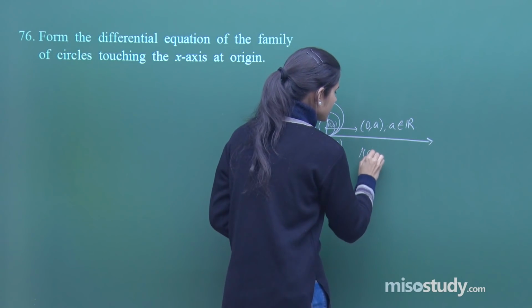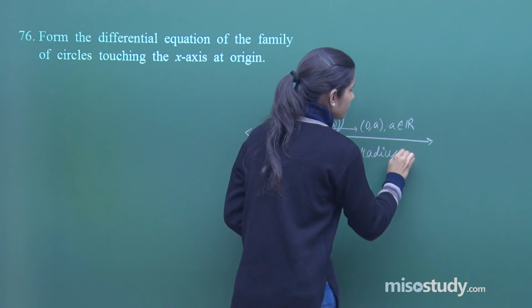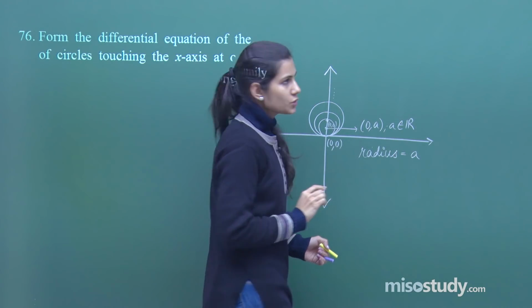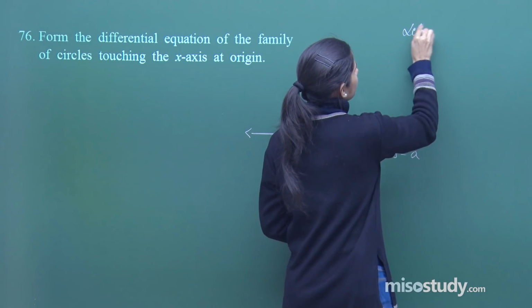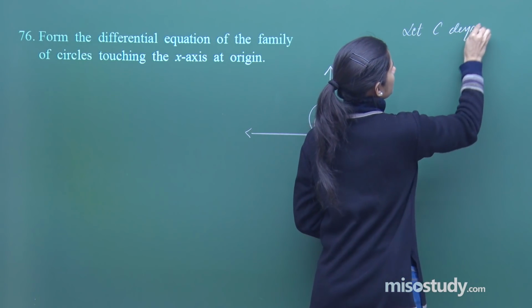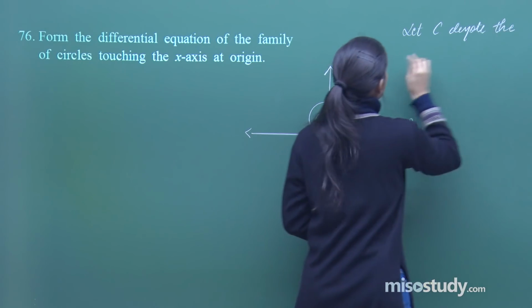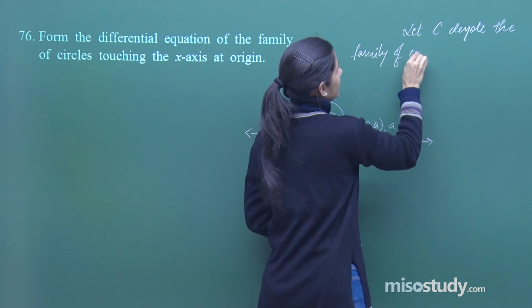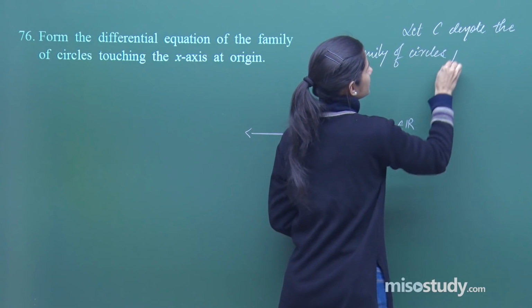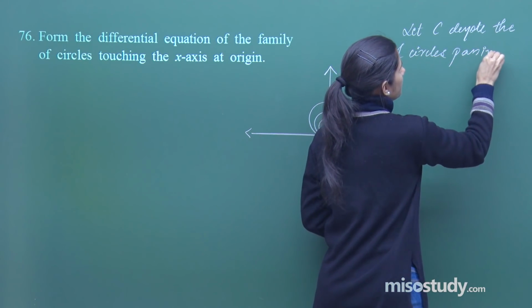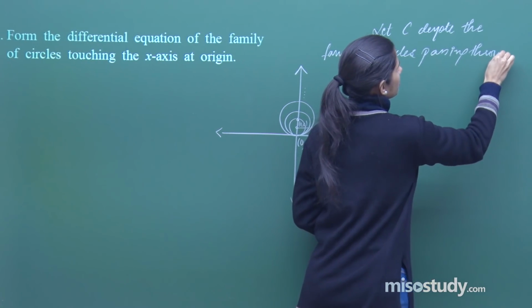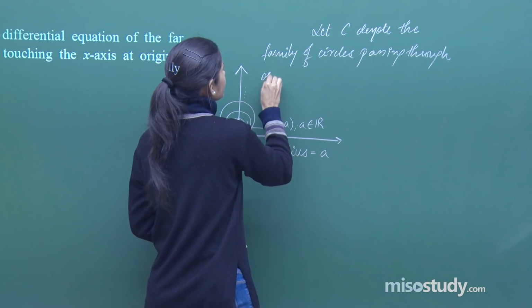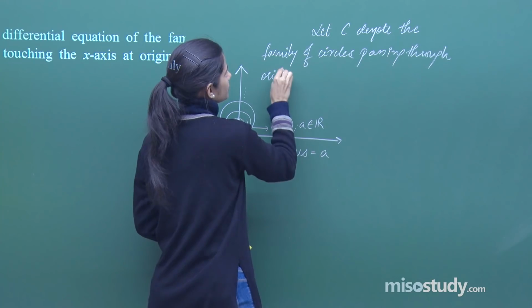So radius is this a. So I will say that let C denote the family of circles passing through origin, or you can write touching the x-axis at origin.